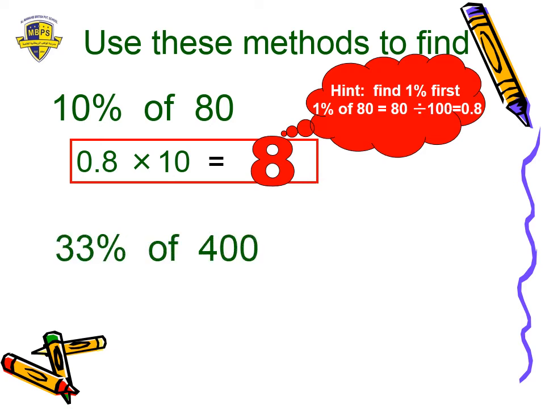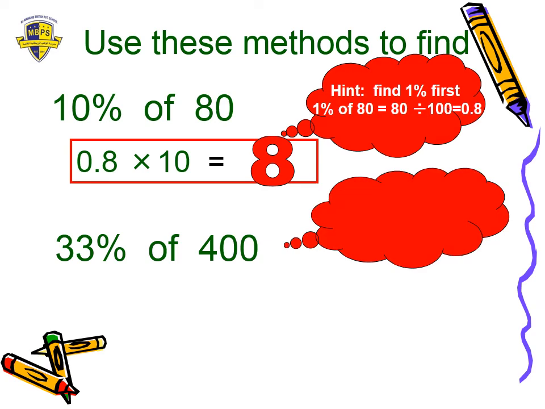The second question, 33% of 400. 33%, but before I find 33%, I have to find 1%. Excellent. And how do we find 1%? 400 divide 100. Excellent. 400 divide 100.